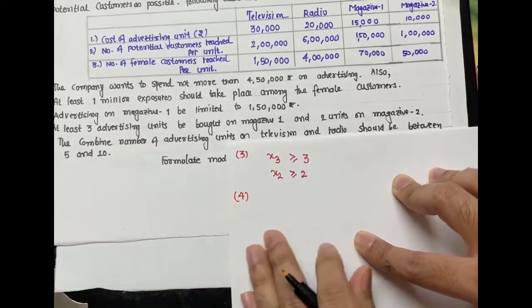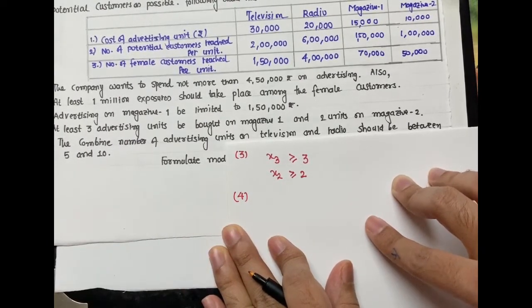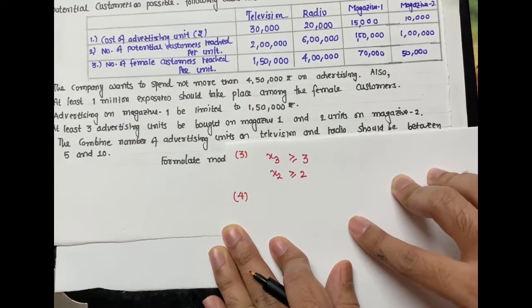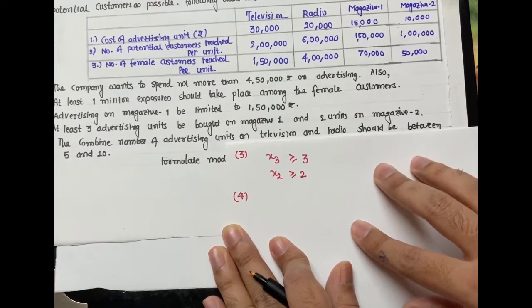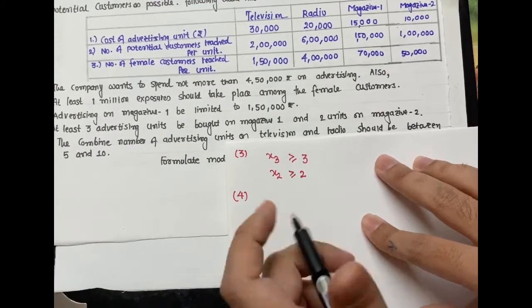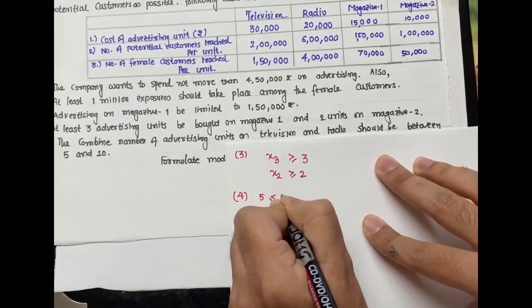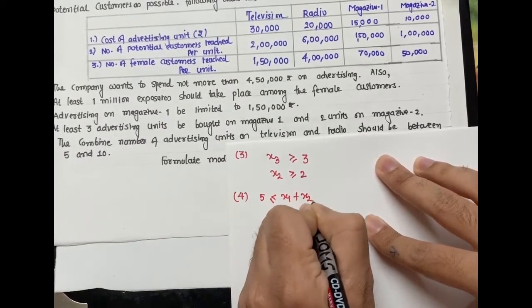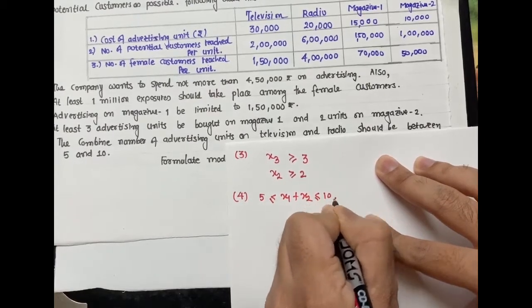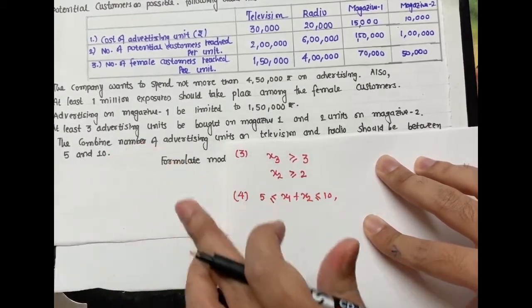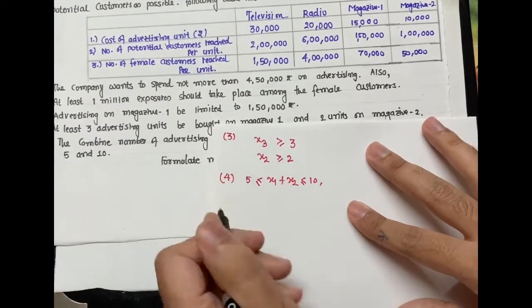Fourth, the combined number of advertising units on television and radio should be between 5 and 10. So 5 is less than or equal to x1 plus x2, which is less than or equal to 10. This is the constraint equation for television and radio.